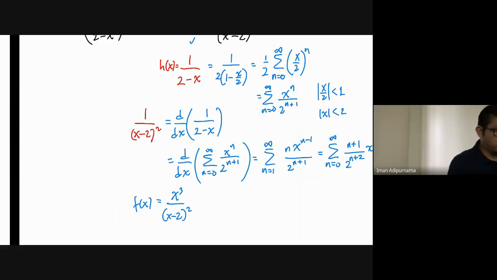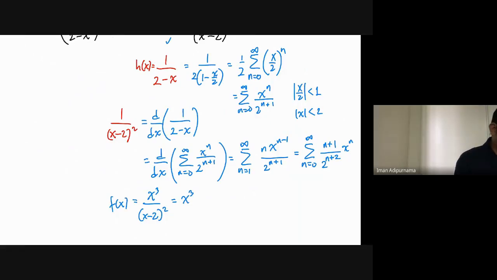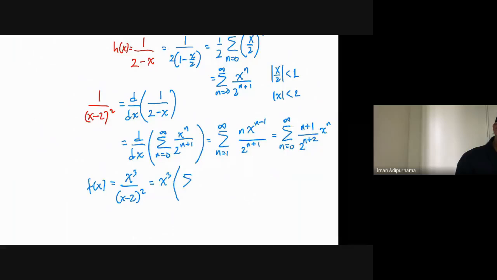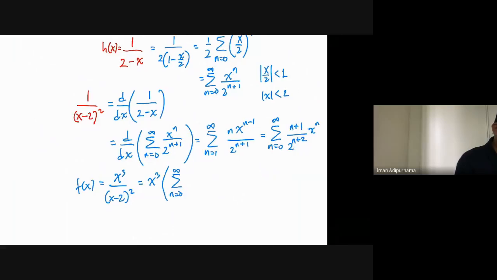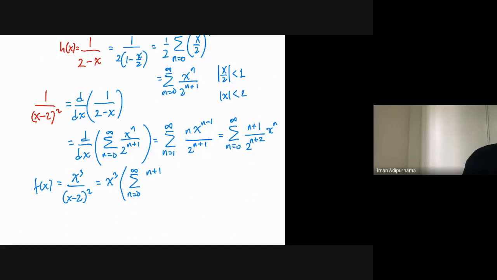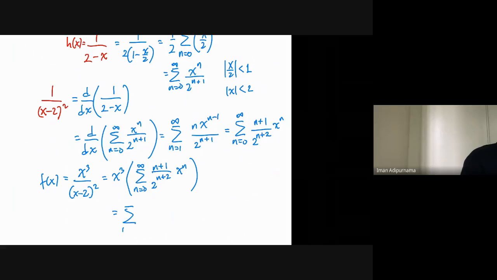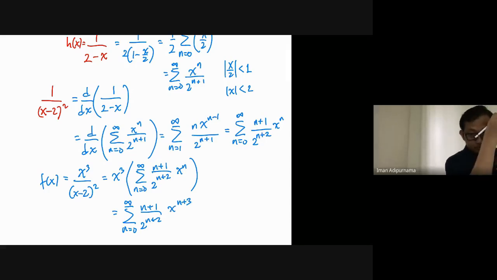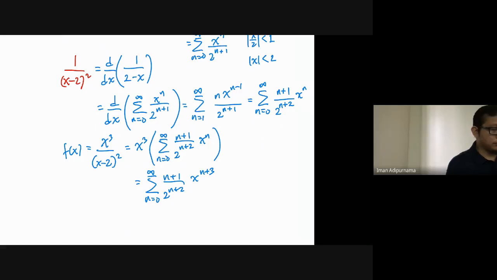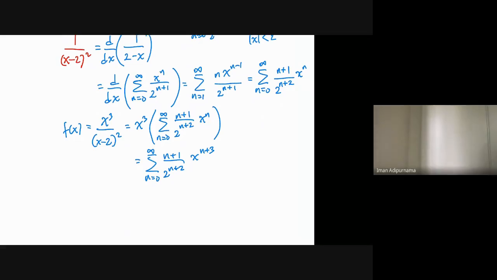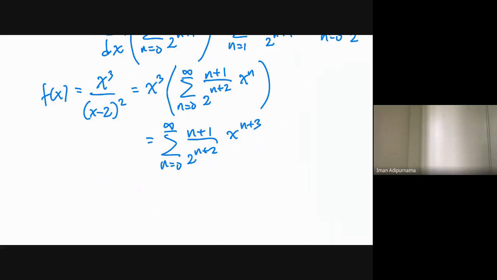So the last thing we need to do is multiply x cubed with our sum. We can just add plus 3 at the very end. The result is from n equals 0.